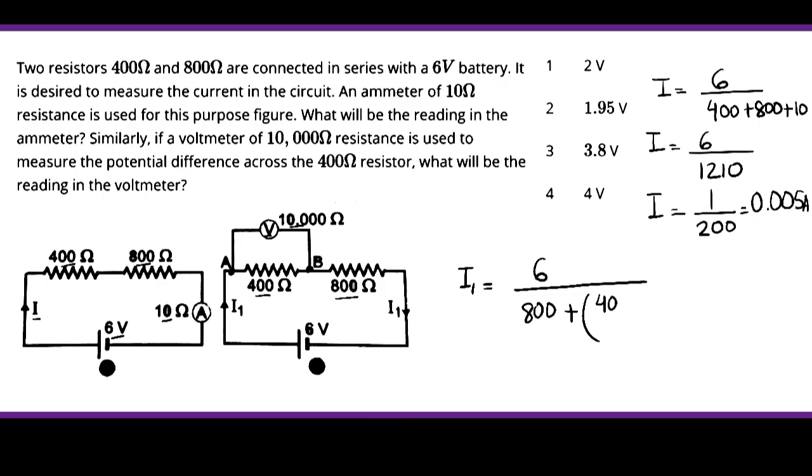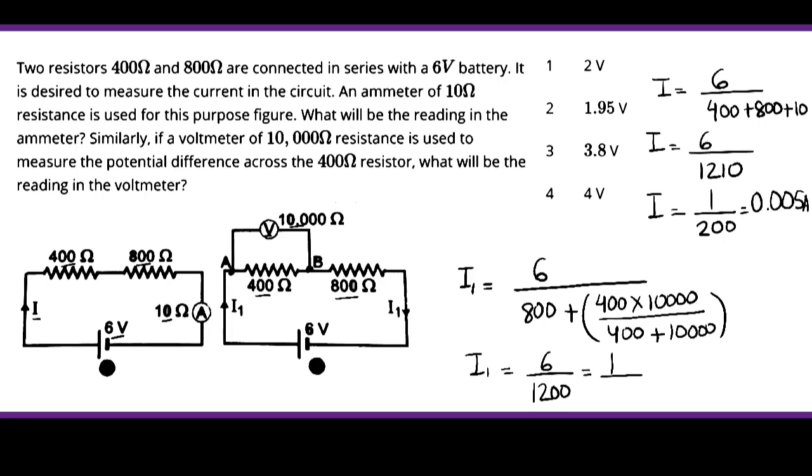So this will be written as 400 into 10,000 divided by 400 plus 10,000. This approximately comes to 6 divided by 400 plus 800, which is equal to 1200. So 6 by 1200 is approximately 1 by 200, which is equal to 0.005 ampere.